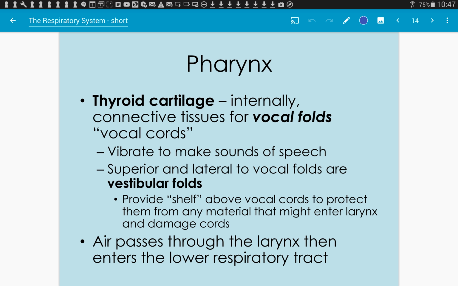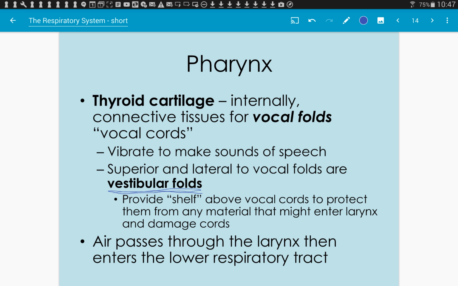I don't know how I'm going to draw this. So you have your vocal fold, and then you have like a little ledge above it. It's really hard to describe this, so we're going to have to look at the anatomy. You're going to have to look at a picture, and I'm sorry. Above and to the sides of these vocal folds are what we would call vestibular folds.